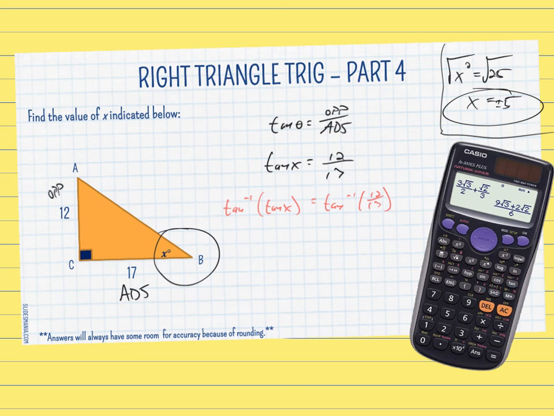When you use the inverse functions, the tangent and tangent go away, leaving you with the goal, the end result you were hoping for, of x by itself, just like it was up here: x equals the inverse tangent of 12 over 17. Well, guess what? x is by itself, we're done.